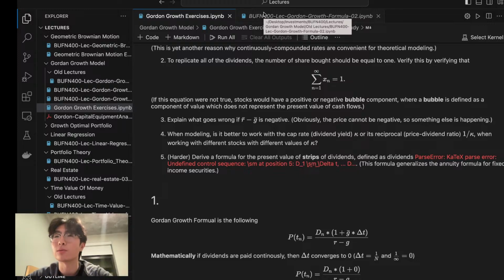So x is defined as 1 minus g divided by times t.